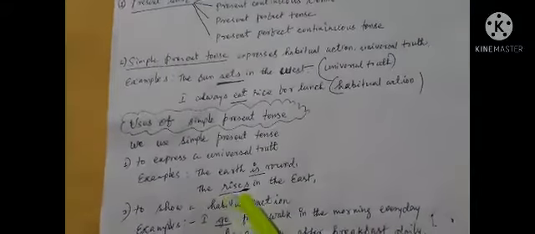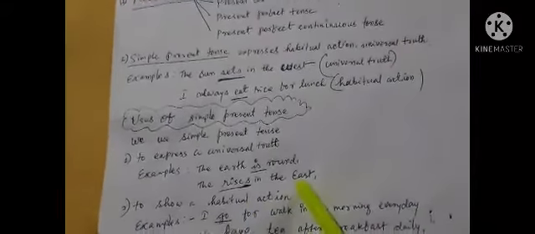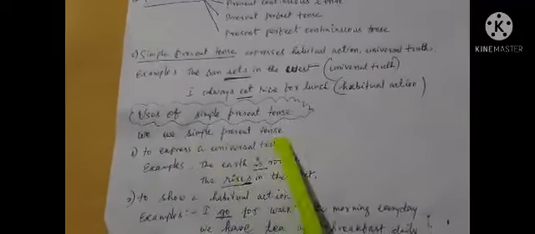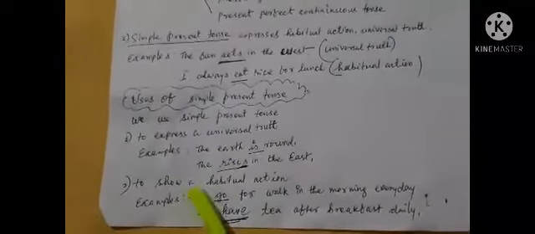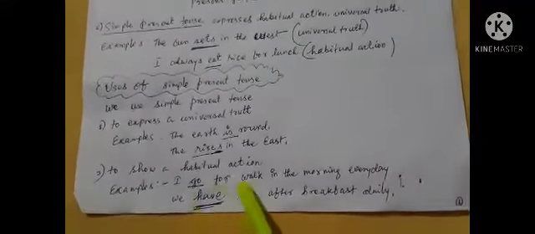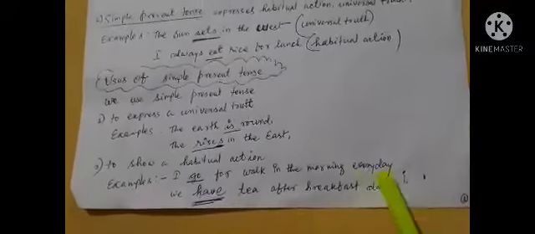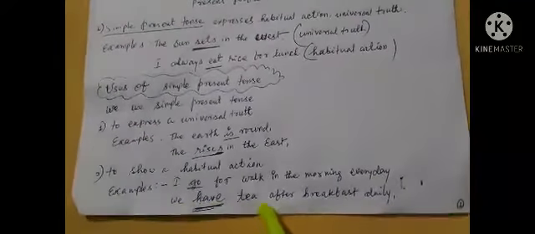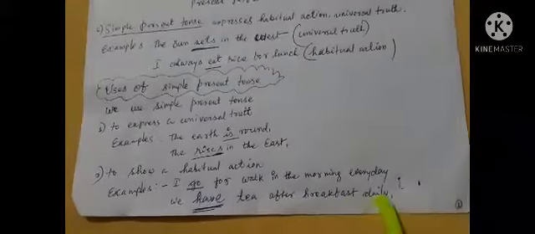The sun rises in the east. Secondly, we use simple present tense to show a habitual action. For example, I go for a walk in the morning every day. We have tea after breakfast daily.